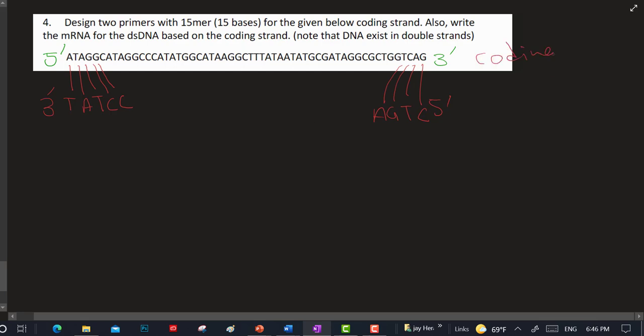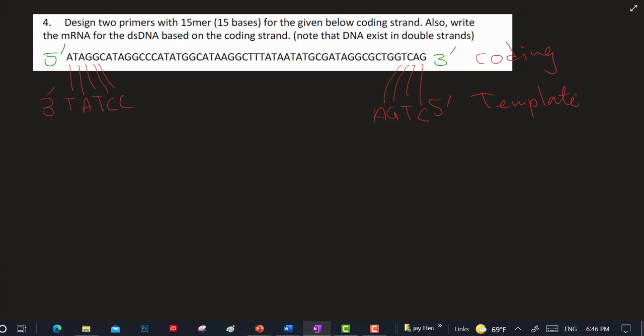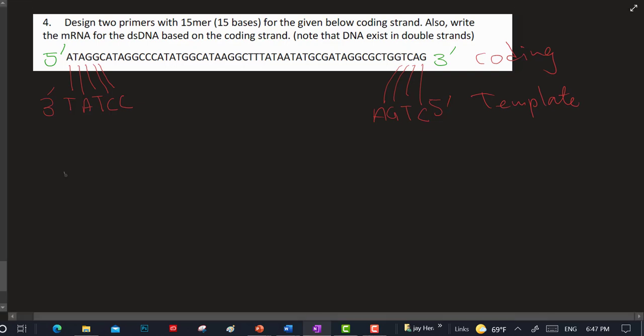Now typically, this is the coding, this is the template, so recognize them. We can actually denature the double helix into two single strands, but I'm just going to leave it as it is. You can see the primers have to be in the 3' to 5' direction, right? So we're going to write the primers for it.